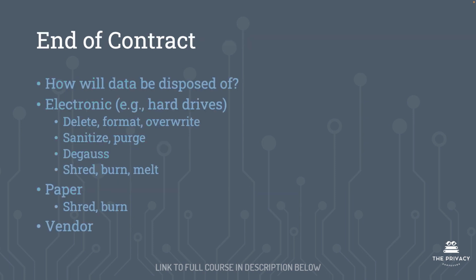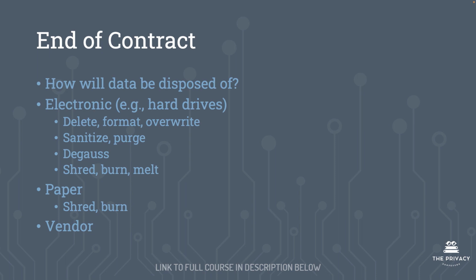When it comes to the end of a contract, we need to discuss with vendors how data will be disposed of. And when it comes to disposing of data, we usually think of two forms of data: electronic data and paper data. When it comes to electronic data, we're often concerned with the data that resides on hard drives.